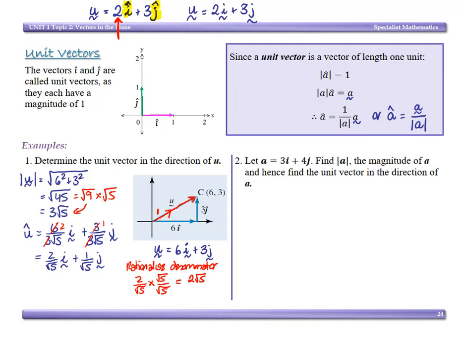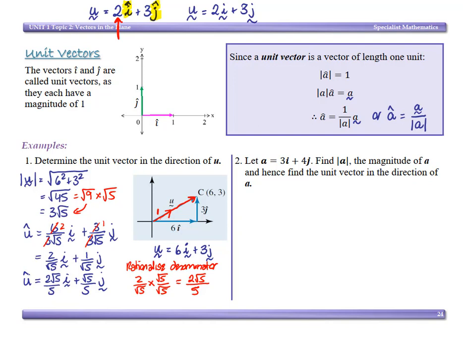So that's 2 root 5 in my numerator, and root 5 times root 5 is 5. So I've ended up with a rational denominator. So that means this becomes 2 root 5 over 5 i plus root 5 over 5 j. And that's my answer.